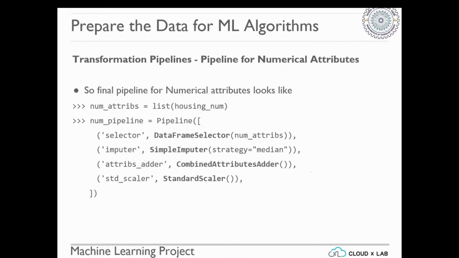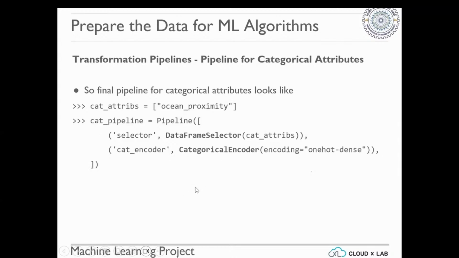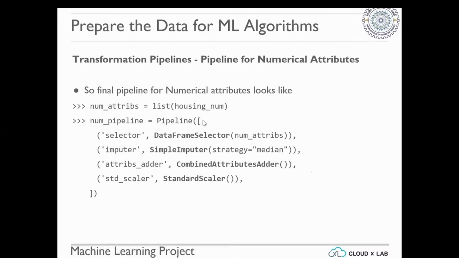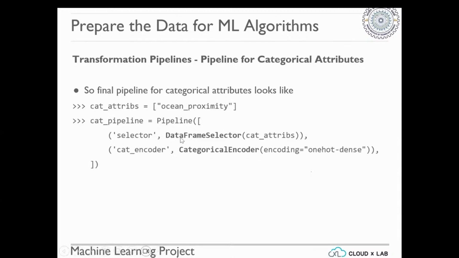All the other attributes have numerical values, so that's why we are normalizing them, using the StandardScaler class to normalize our data, right? So this is the pipeline for numerical attributes, and this is the pipeline for categorical attributes.